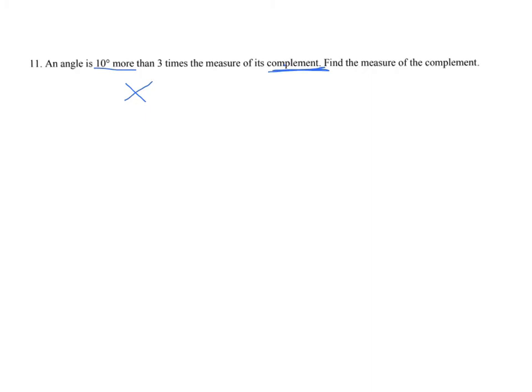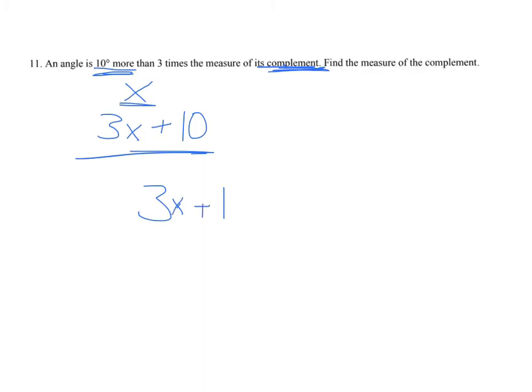So I'm going to take my first angle, which is the complement, and I want 3 times that angle, so 3x, but then I also want it to be 10 degrees more, so I'm going to add 10. Now I have an expression that represents my original angle and its complement, and since I know they're complements, I know that those 2 angles should add up to 90 degrees.